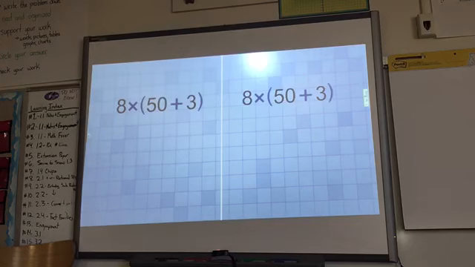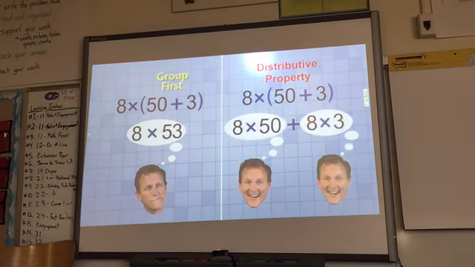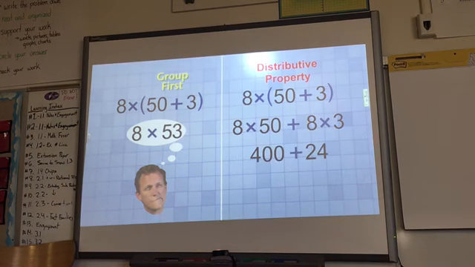If we simplify the group first, we need to multiply 8 times 53, which is not so easy to do mentally. But if we apply the distributive property, we can change the expression into 8 times 50 plus 8 times 3. That's easier to do mentally. 8 times 50 is 400, and 8 times 3 is 24. So the answer is 424.